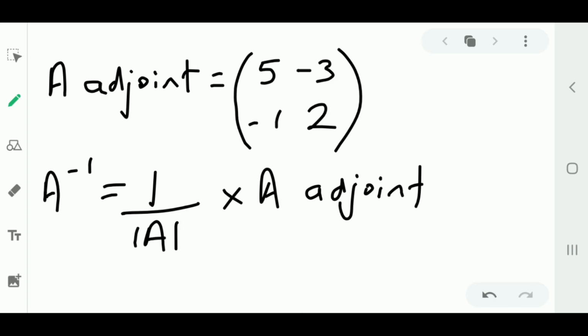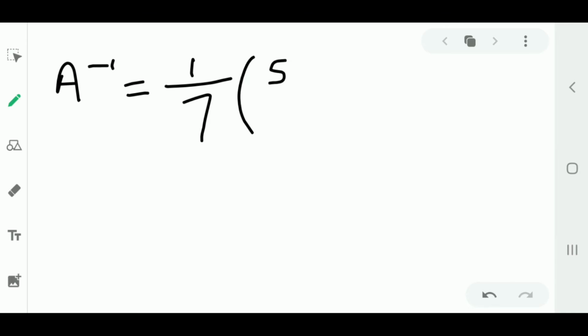So now all we need to do is fill in what we know. So A inverse is equal to 1 over 7 times 5, minus 1, minus 3, 2. And we can basically multiply, if you remember from the previous video, we did scalar multiplication.